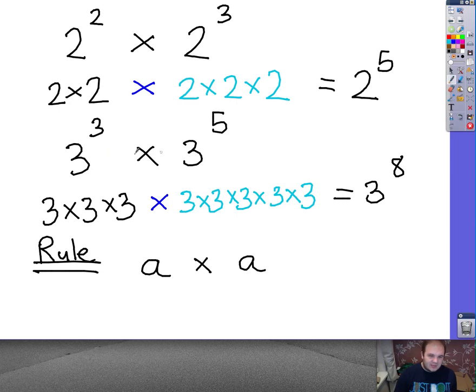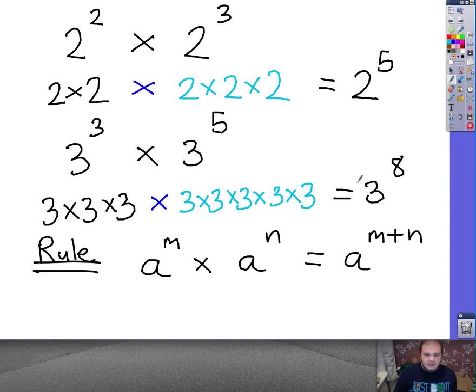The number has to be the same, but as long as the number's the same, we'll call the indices M and N. Hopefully you've spotted all that you have to do to find the simplified version is A obviously stays the same, and now these two, we just add them together, M plus N. So for instance here 2 and 3 made 5, here 3 and 5 made 8.